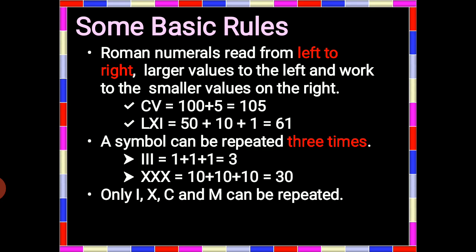Now the next example is X, X and X. We know that X represents 10, so when we add 10 three times, we get 30. Only I, X, C and M can be repeated. Other symbols cannot be repeated.